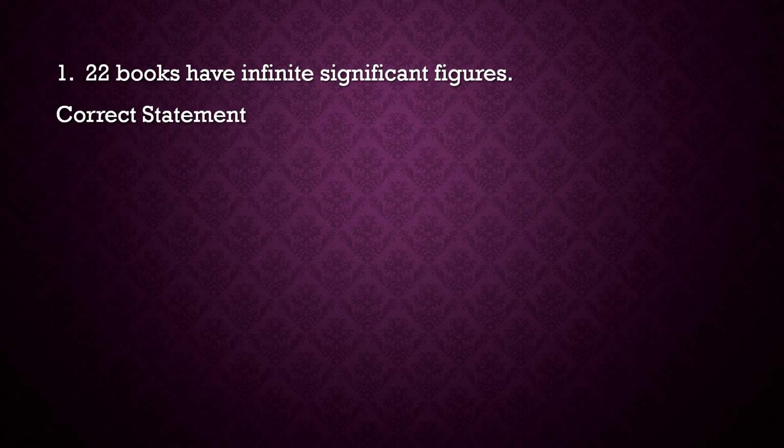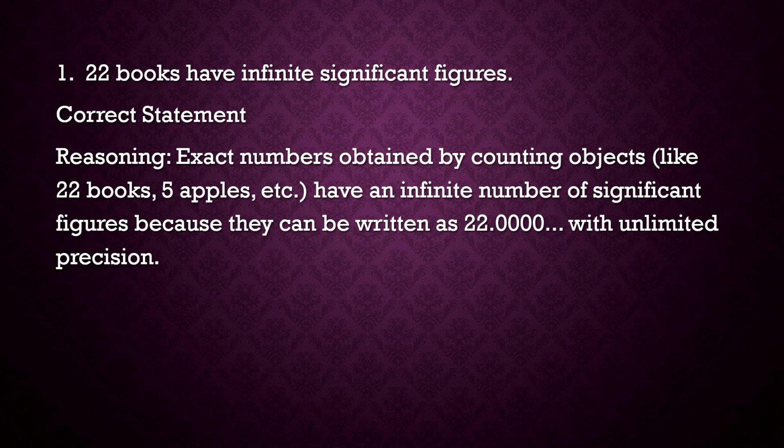22 books have infinite significant figures. It's a correct statement. Why? The reason is that an exact number obtained by counting objects, like 22 books or 5 apples, has an infinite number of significant figures because it can be written as 22.000 and so on with unlimited precision.